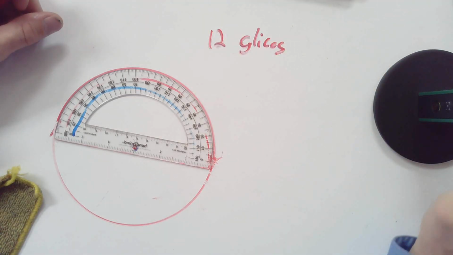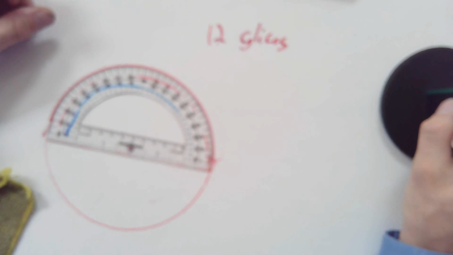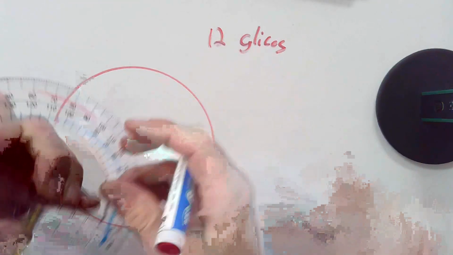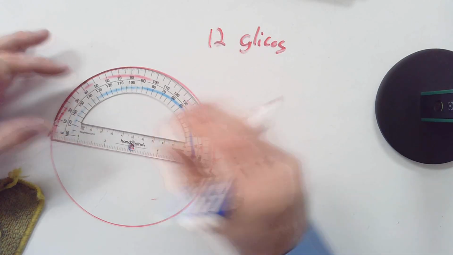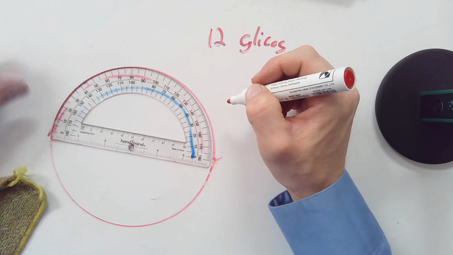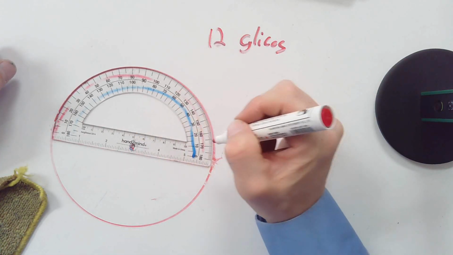Well, I have to figure out how that would look. How many degrees does each piece of pizza encompass of the circle?